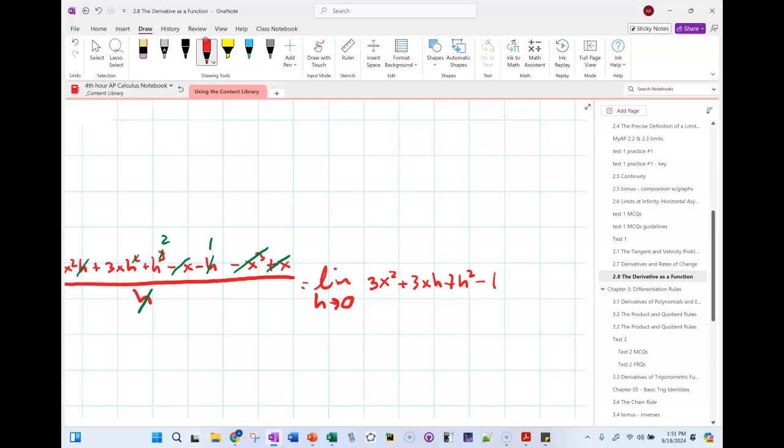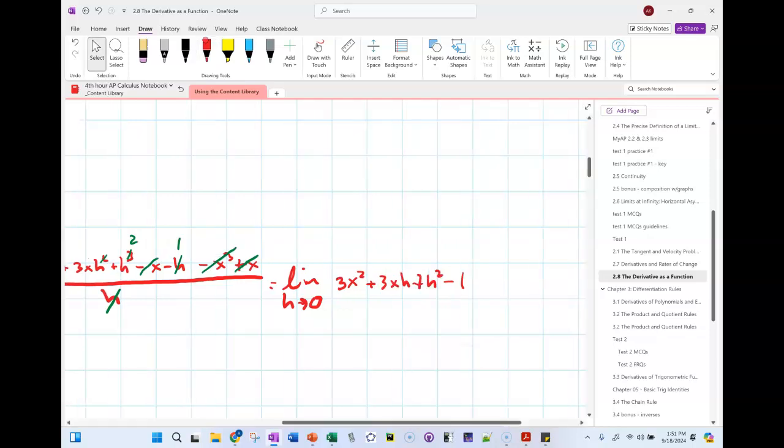But in general, for the stuff that you're going to be doing, if you can't cancel the h, it means you probably made an algebra mistake somewhere. Forgot to distribute something, you dropped a negative, you foiled something out wrong, something like that. In general, that'll always happen.